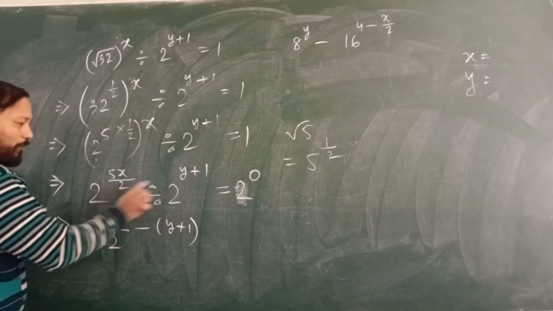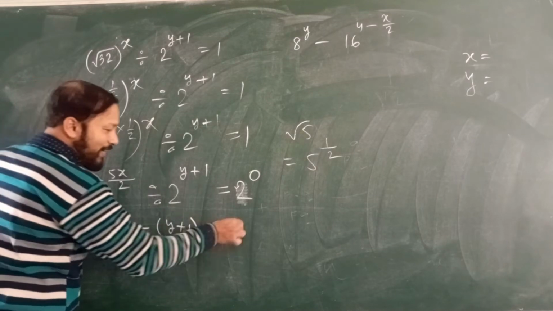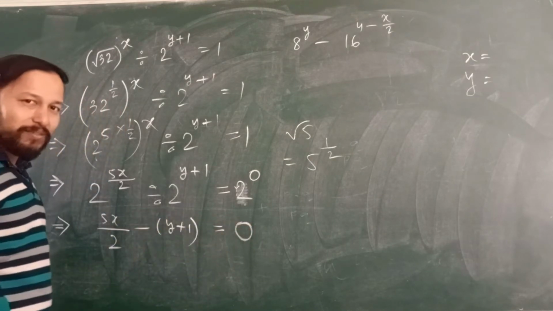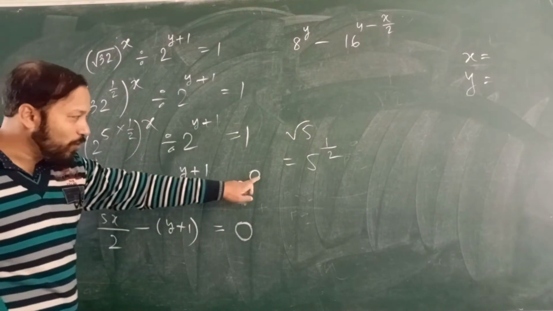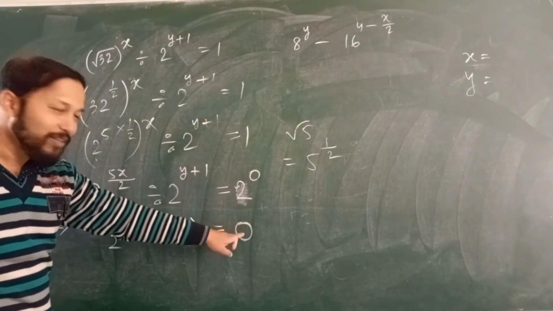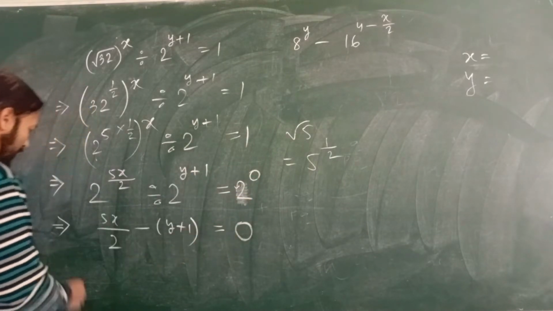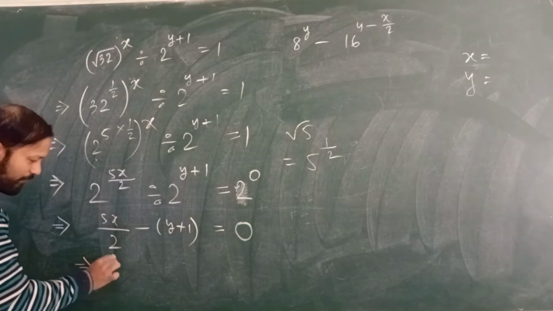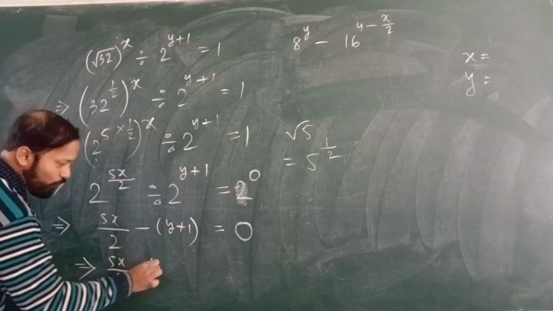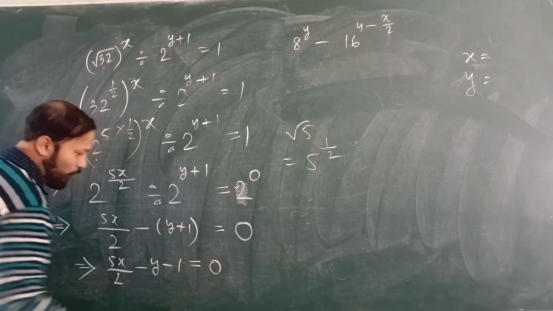So 2 to the power this equals 2 to the power 0. So the power equals 0. Now, 5x by 2 minus y minus 1 equal to 0.